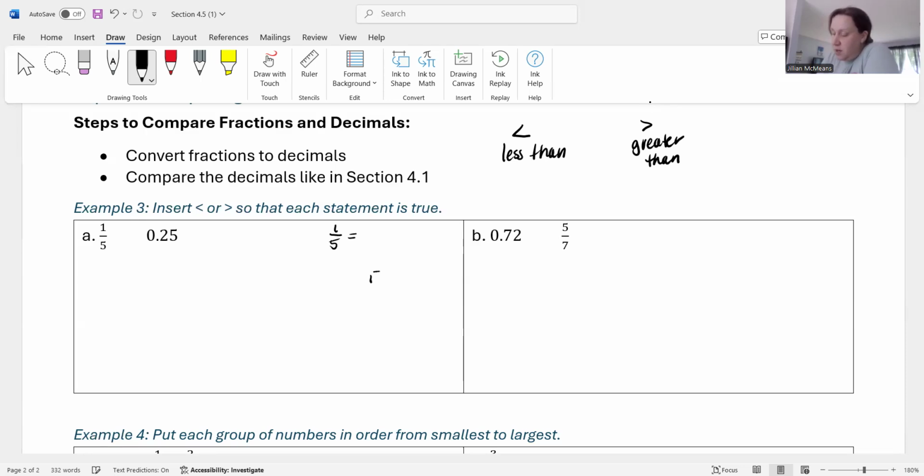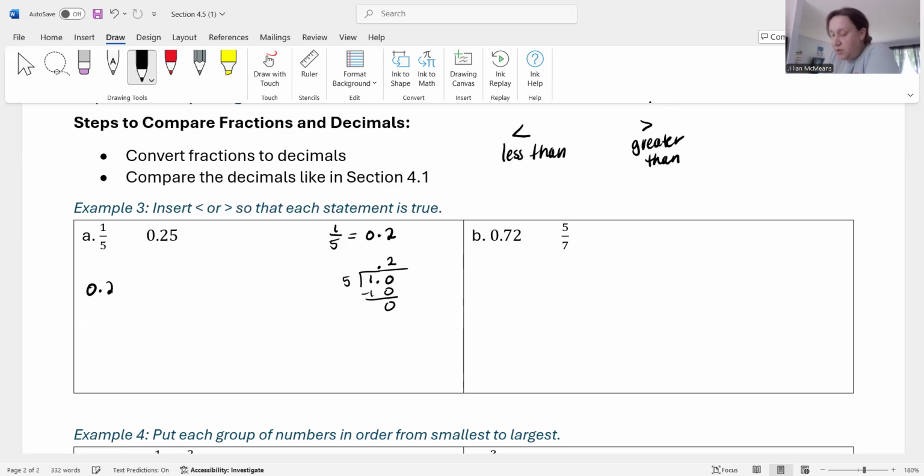So I'm going to take 1 and I'm going to divide by 5. Well, I know that 5 won't go into 1, but if I add a decimal and a 0 and pull that decimal up into the quotient, I can pretend my 1.0 is really just a 10. So 5 goes into 10 2 times, and 2 times 5 is 10. I've already got my 0 remainder, so I can say that 1/5 is equal to 0.2.